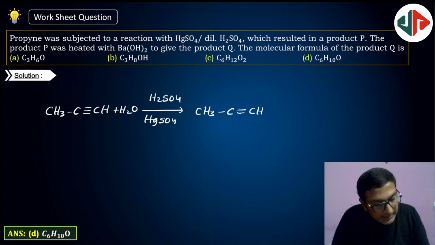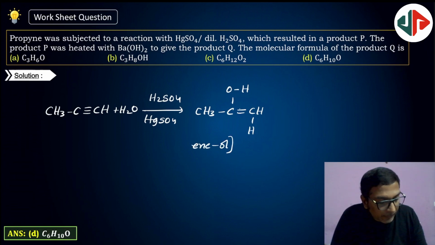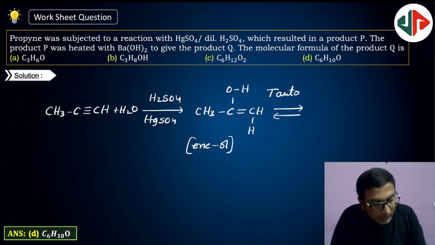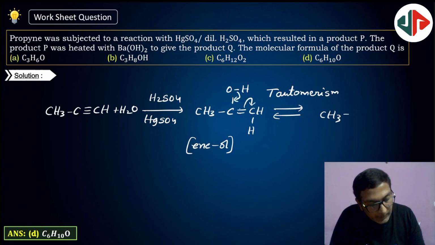C double bond CH, so here OH and here H. So this is the enol form, which on tautomerism forms acetone. So the mechanism will be like this. CH3COCH3, acetone.